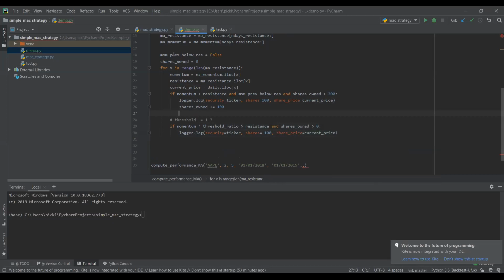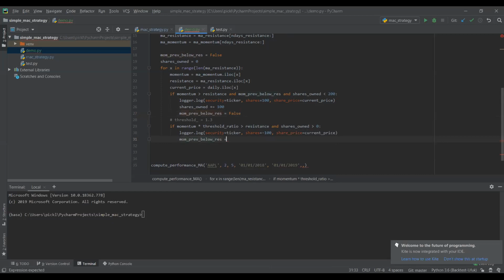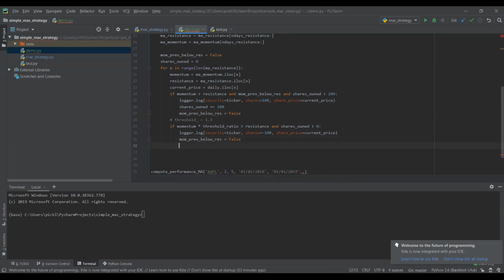Here we have momentum previously below resistance, which we set to false. When momentum surpasses resistance, it is no longer previously below it, because currently it is above it. Since we're selling while momentum is still above resistance, we still set this to false.